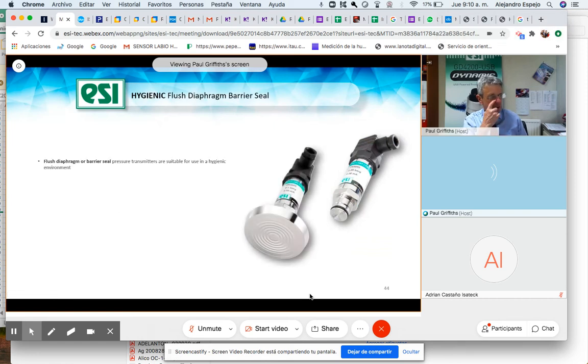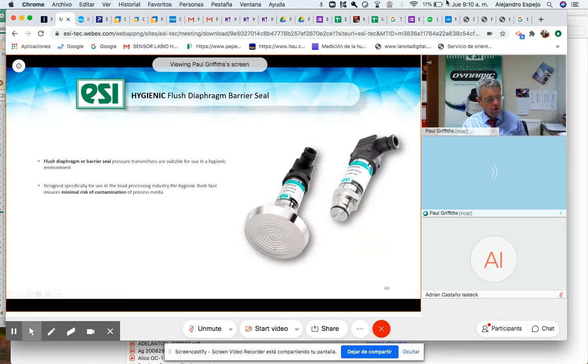And just a little bit about the hygienic range of transmitters that we have. The face of the hygienic transmitter, the process connection, has several different types, but there are certain types that are very popular. Pipe clamp or tri-clamp is the most common, and you have a completely flush membrane.